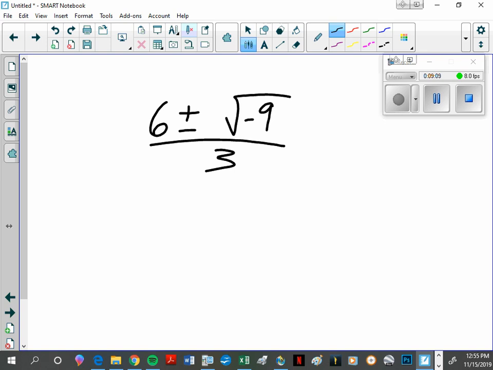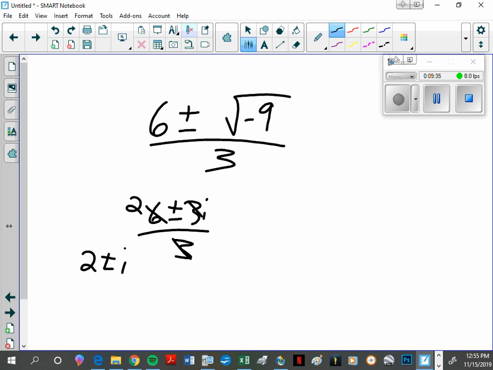Does the square root of negative 9 simplify? Yes, it turns into 3i. So I get 6 plus or minus 3i over 3. Do they all have a 3? Yes. So I cancel the 3's and the 6 turns into a 2. So it would be 2 plus or minus i.